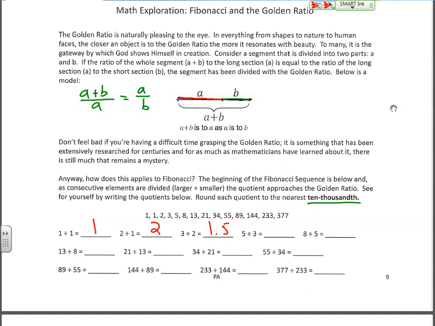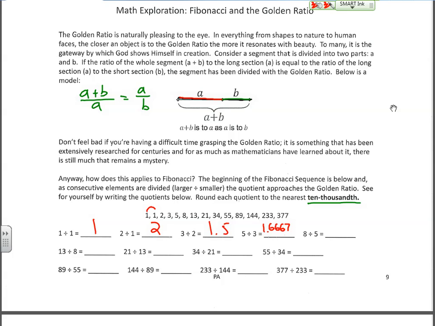The nearest 10,000th, think back to your place values here, tenths, hundredths, thousandths, 10,000ths. Okay, so 4 places after the decimal point, 1.6667.